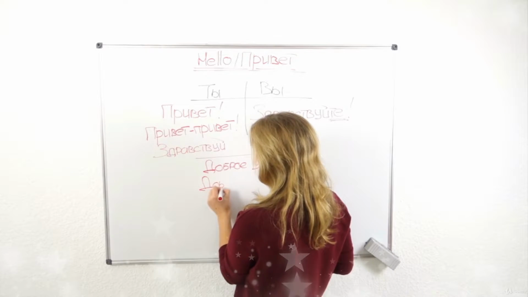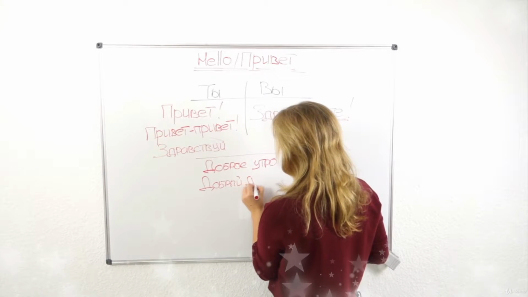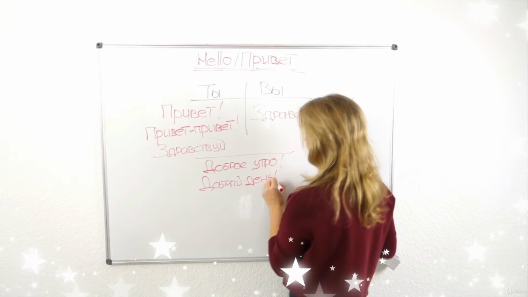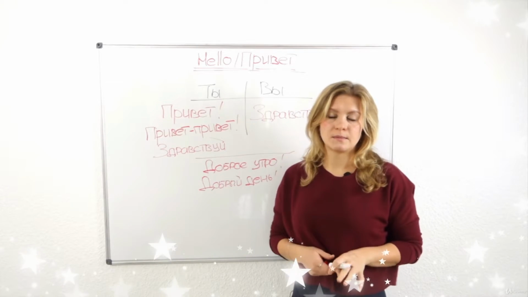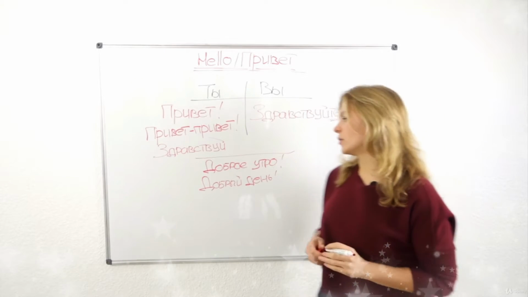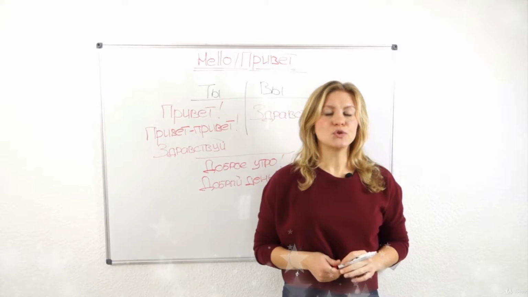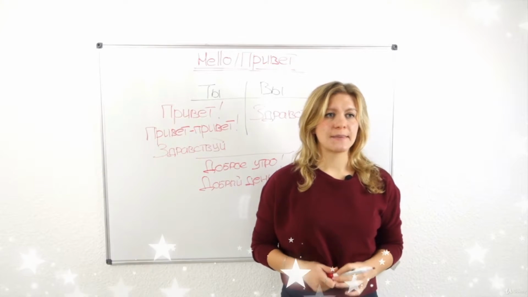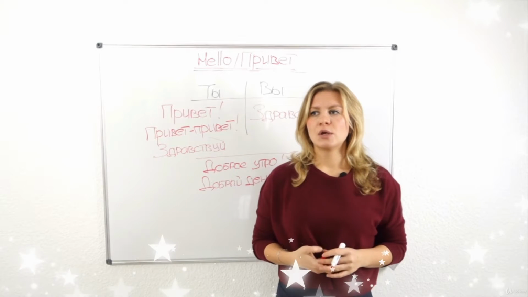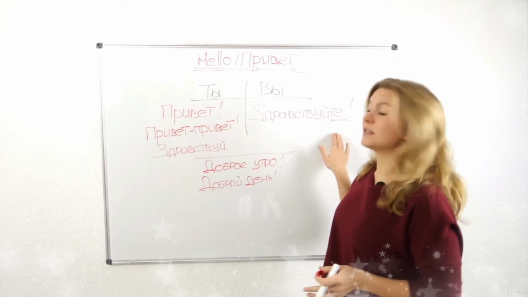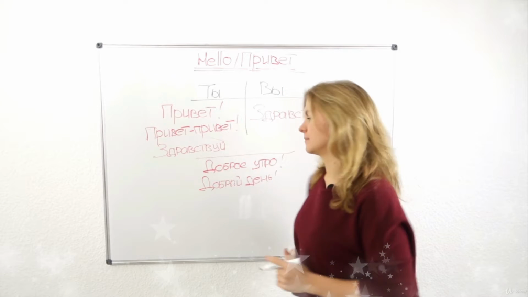Добрый день, which is used for good day. Добрый день. We use it pretty often when, for instance, in the afternoon, around two, three p.m., you're coming to a post office and you want to ask someone to help you. Then usually you can say здравствуйте, or you can say very typical добрый день. This is basically the same.